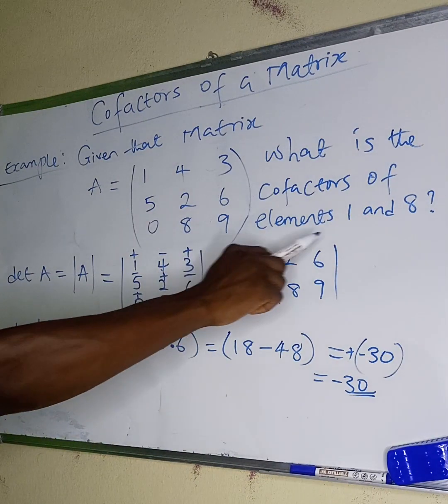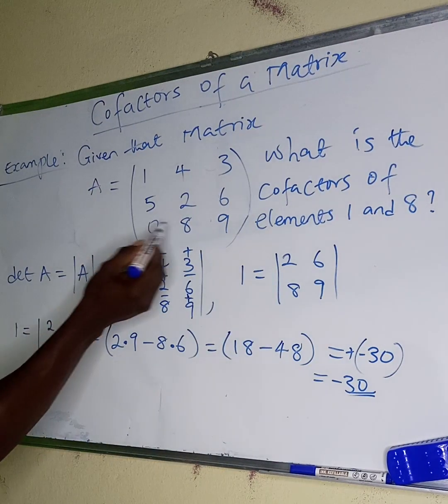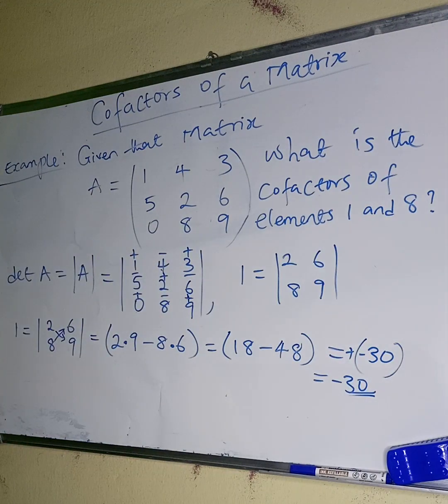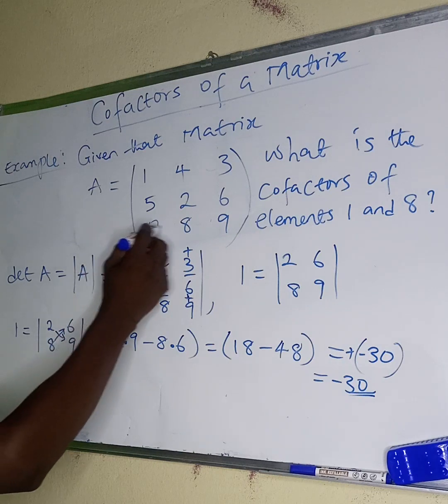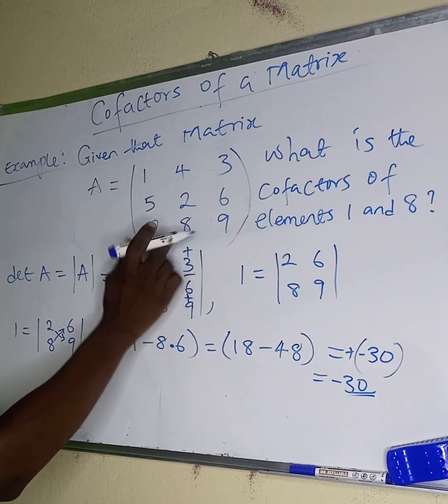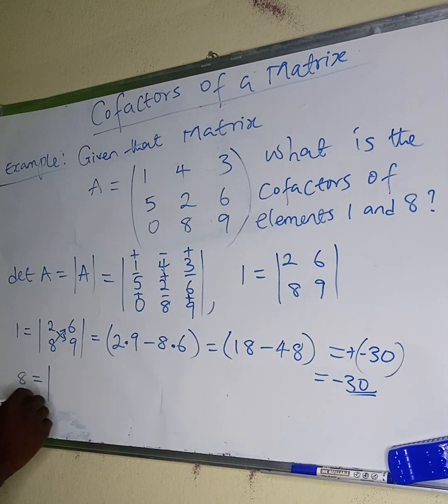So the second question says that we should find the cofactor for element 8. Now element 8 is at this point. It means that everything that shares the same column and row with element 8 will be eliminated. If I eliminate everything in this row and this column, what will be left is, let me show you. So for element 8, this is what we have.